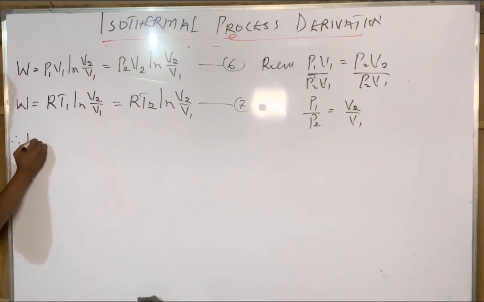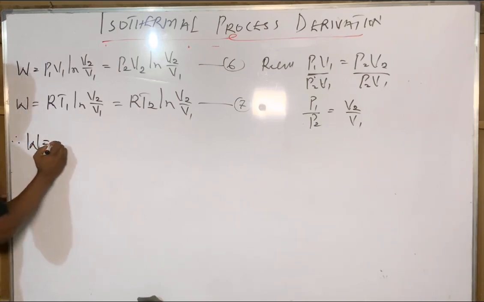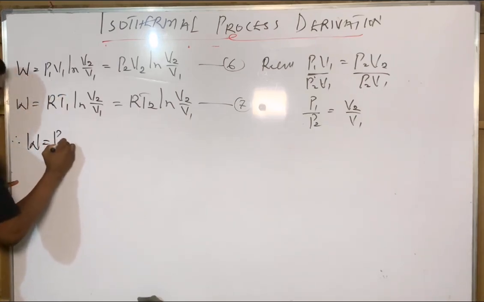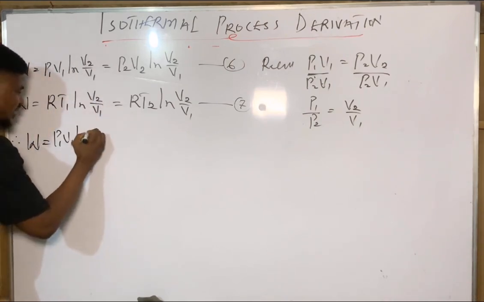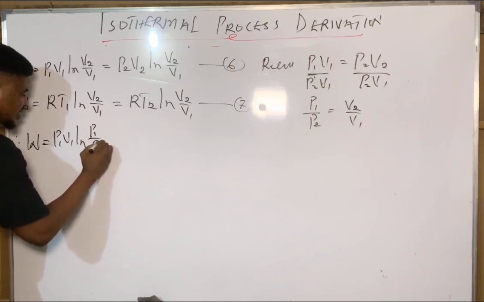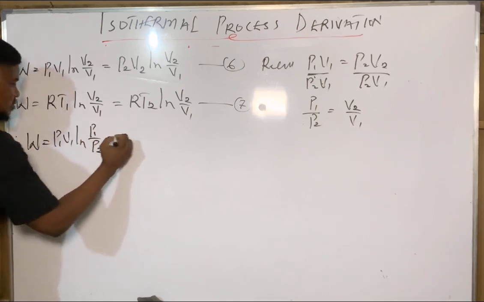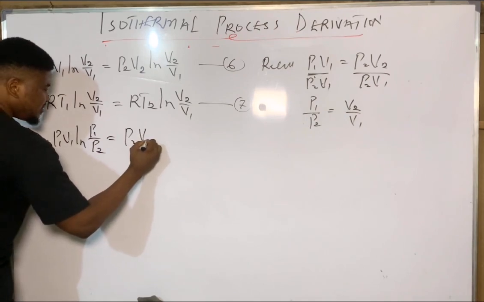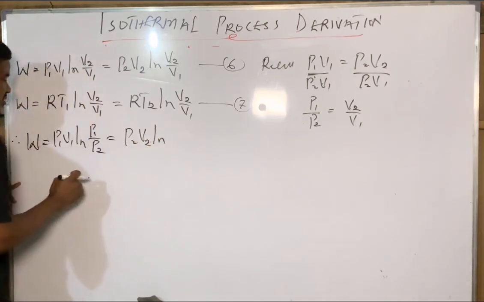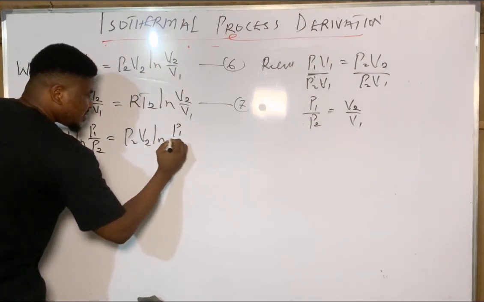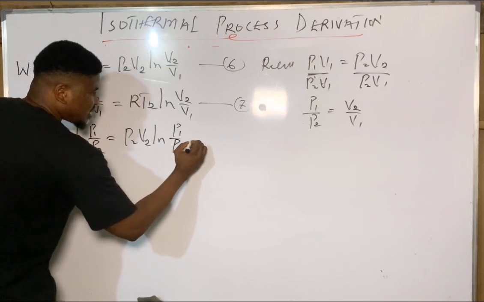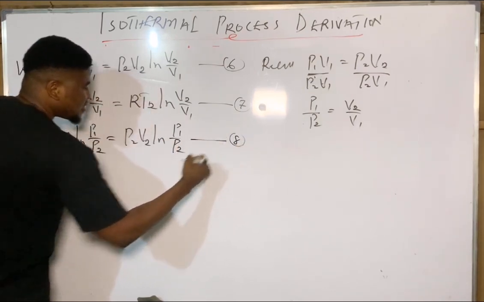So if you plug that into these equations, then we are going to have another equation for the work done, equal to, for the first case, P1 V1 ln, in place of V2 over V1, we have P1 over P2, and this is also equal to P2 V2 ln P1 over P2. You can call this equation 8.